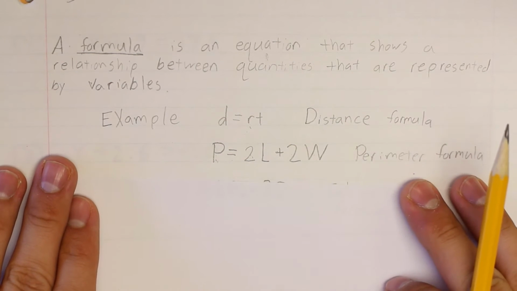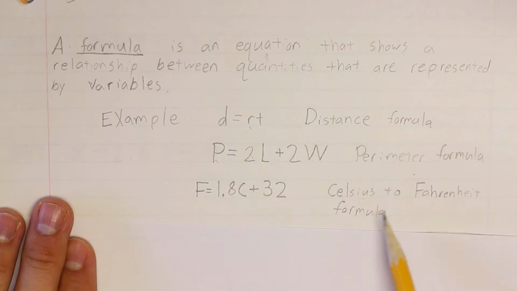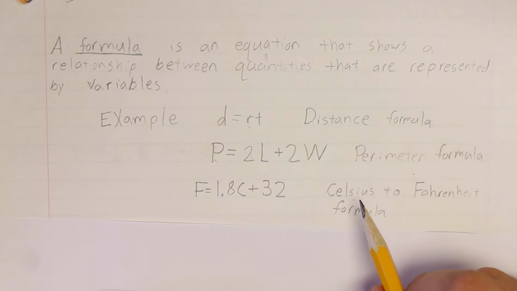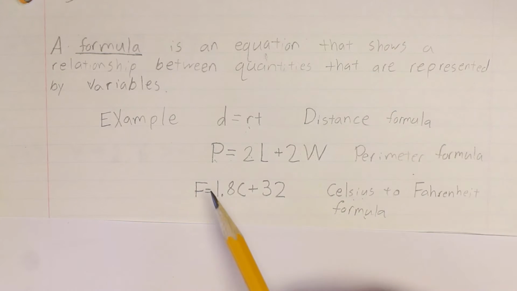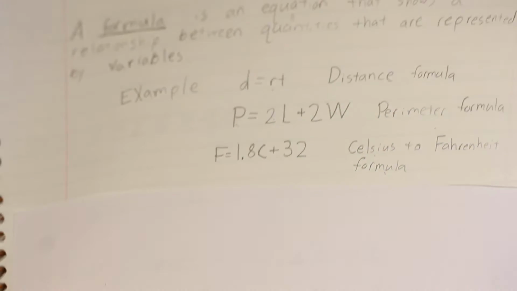And here's another example of a formula, the Celsius to Fahrenheit formula. You can use it to convert Celsius degrees of temperature to Fahrenheit degrees. So Fahrenheit is equal to 1.8 times C, the temperature in Celsius, plus 32.